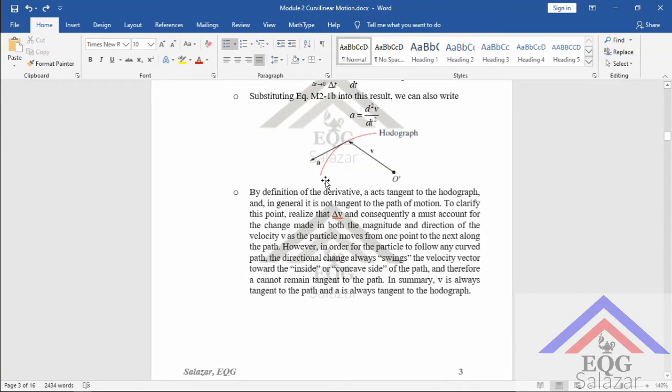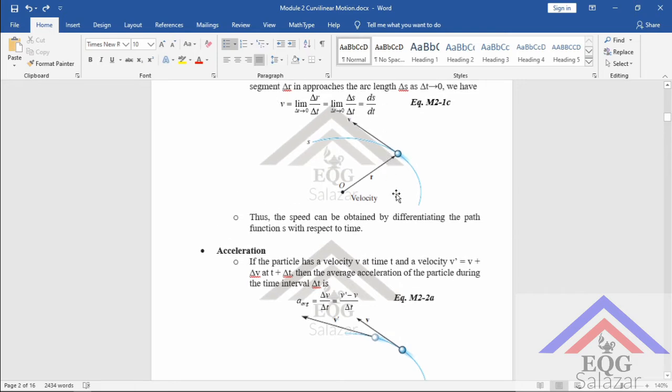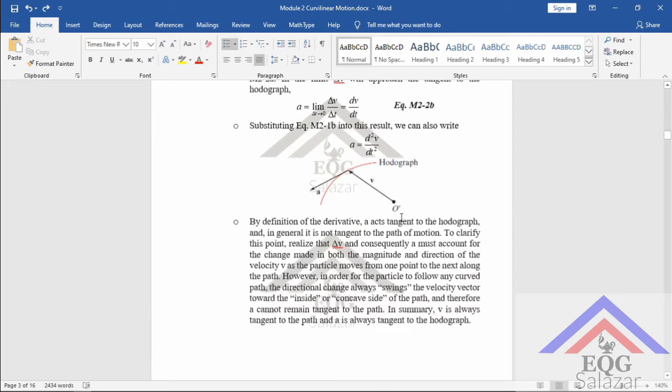Also, by definition, the derivative a acts tangent to the hodograph, and in general, it is not tangent to the path of motion. So acceleration is not tangent to the path of motion like the velocity vector.